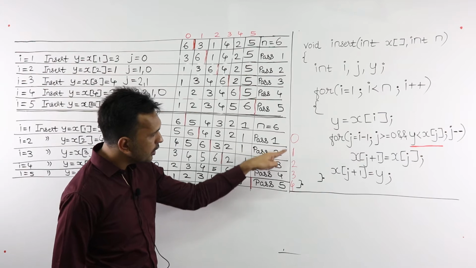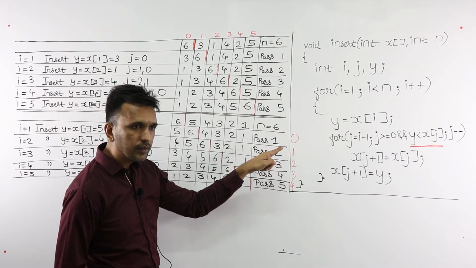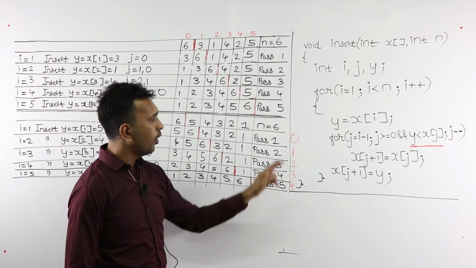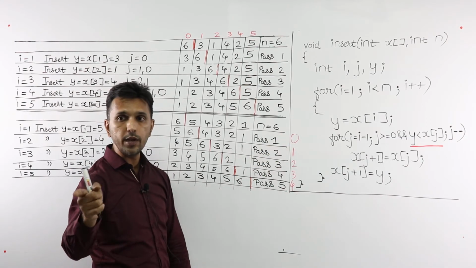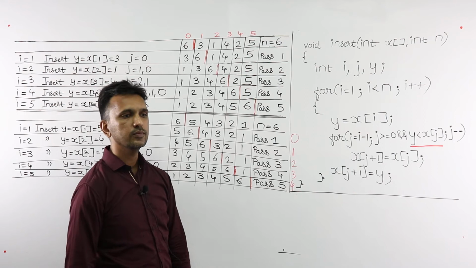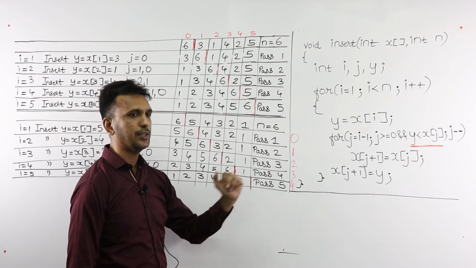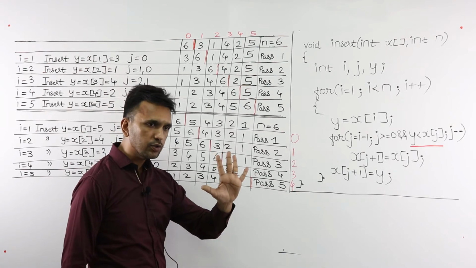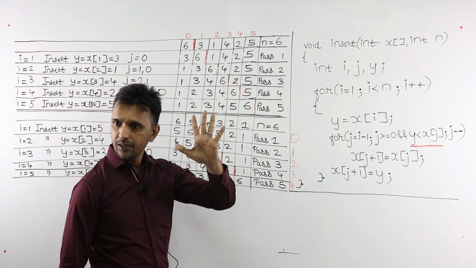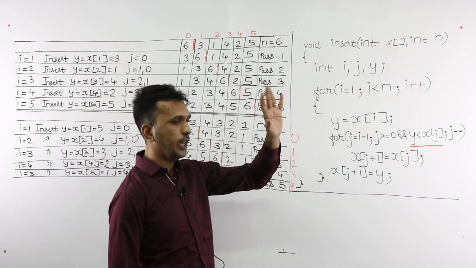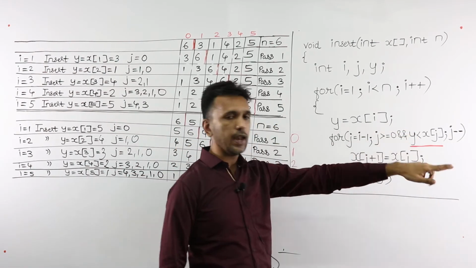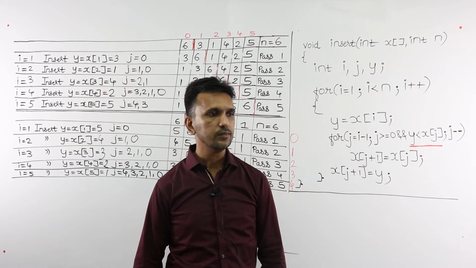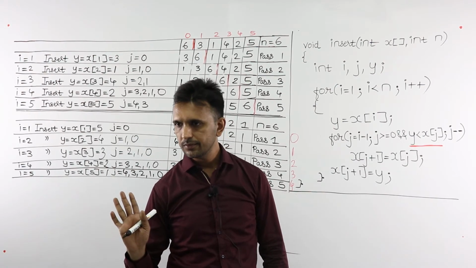If you remember, these are the values of j. Or you can look in your notebook. In one pass, j takes how many values in best case? 1. Now there are how many passes? 5. That means j takes 5 values in all. That means in the best case, this comparison executes a total of 5 times.